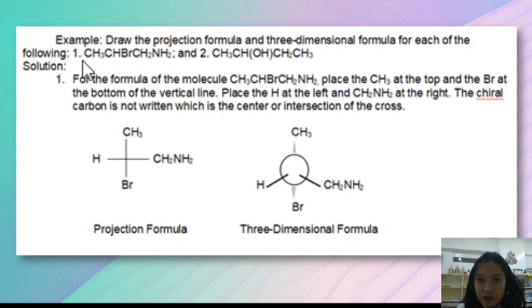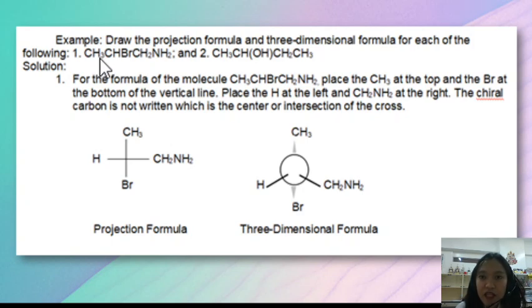So just check, no? So you have 1, 2, 3 carbon atoms. So find the carbon in which there are 4 different functional groups bonded to it. So let's try to do it. In carbon number 1, how many atoms are attached to it? 4, di ba?